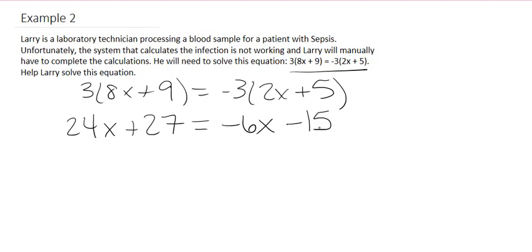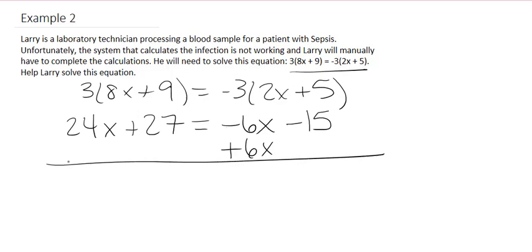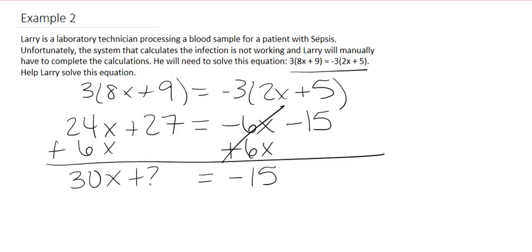So let's move the 6x. So let's add 6x to both sides. So this gets rid of the 6x on the right-hand side. So now we're just left with negative 15. Now we have 30x as 24 plus 6 is 30 plus 27 equals negative 15.